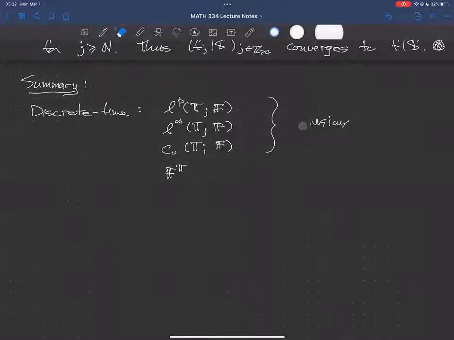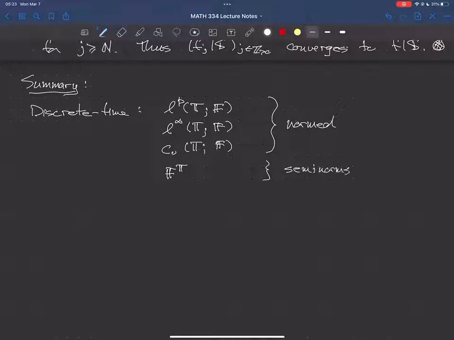These ones were normed, so in fact they were Banach spaces, and this one is defined by not norms, but seminorms.